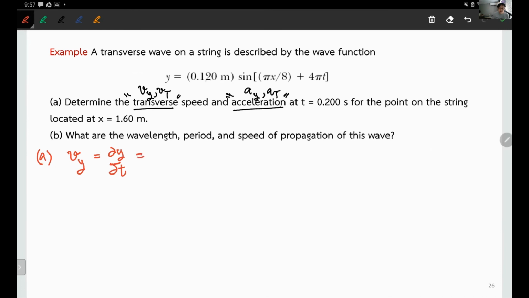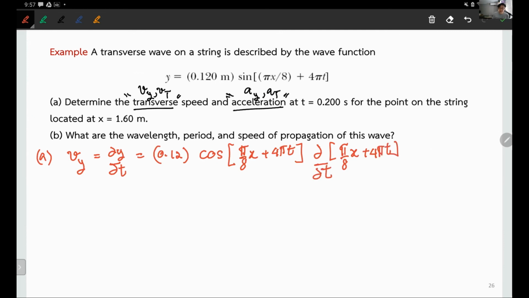So take the derivative of this. 0.12 just stays there. I'm just going to omit the unit. Derivative of sine, you get cosine, and you get everything else in here. And I'm going to follow by the chain rule. Chain rule is I'm going to take the derivative of the function inside by dt. See, that's the chain rule.